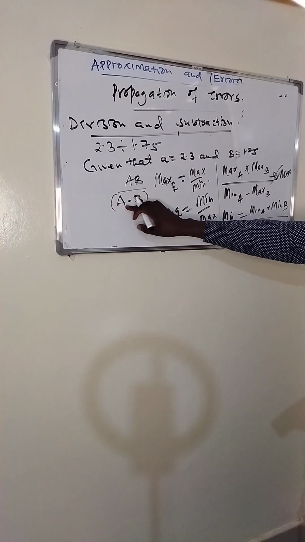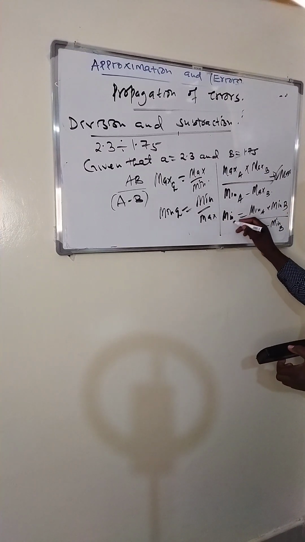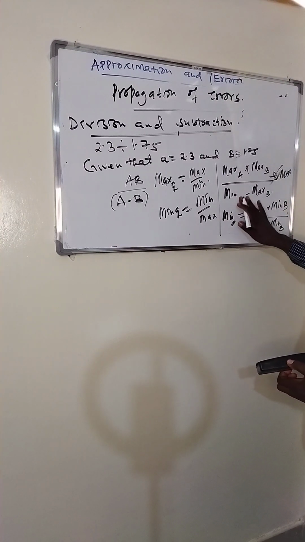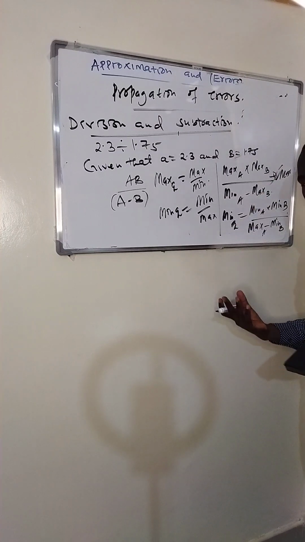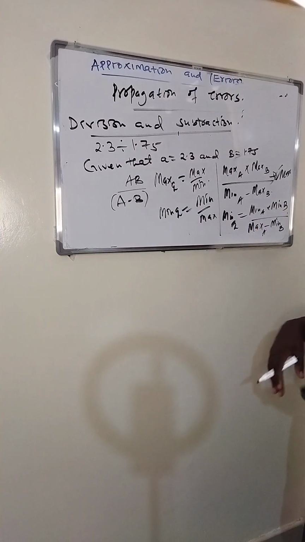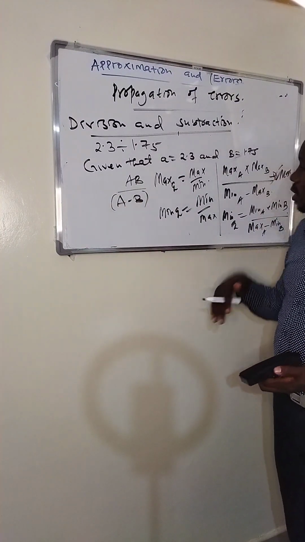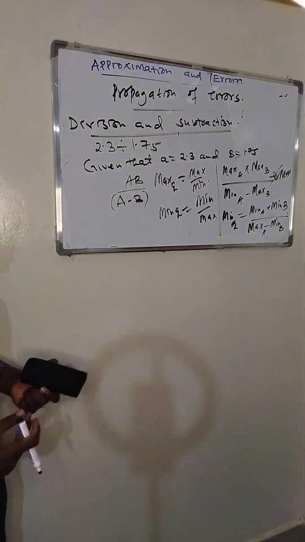To get the maximum difference, we take maximum A minus minimum B. So with that, now you can get the absolute error because you have the maximum and the minimum. Maximum minus minimum divided by 2, you get the absolute error. With the absolute error, you can get the relative error by dividing by the actual. And with that, you can proceed to get the percentage error, where you just take the relative error times 100.